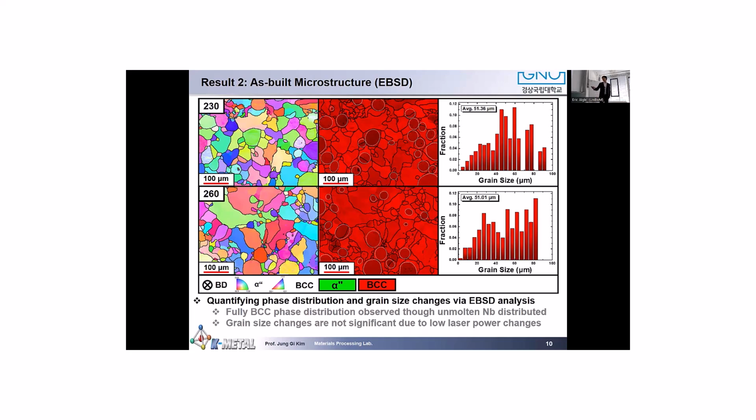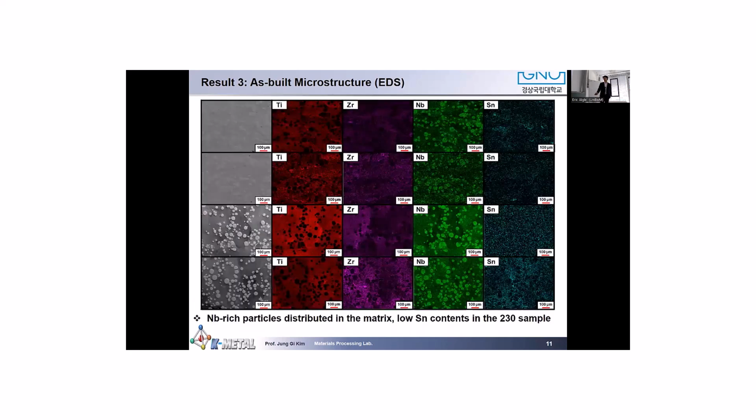And because the laser power spacing is quite small, the grain size change is not significant, so we can ignore the grain size effect in this work. And also, when we check the EDS result, we can clearly see the niobium particles distributed as follows, while some slight chemical heterogeneity was observed in the matrix.